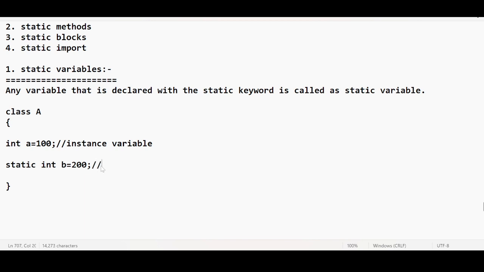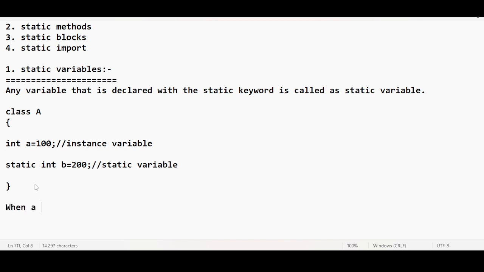You can address this variable as a static variable. These are also class level variables, but they come along with the static keyword. Now you tell me, what is a static variable? Can I say that a static variable is a variable that comes along with the static keyword, or that a static variable can be defined as a variable declared by using the static keyword?